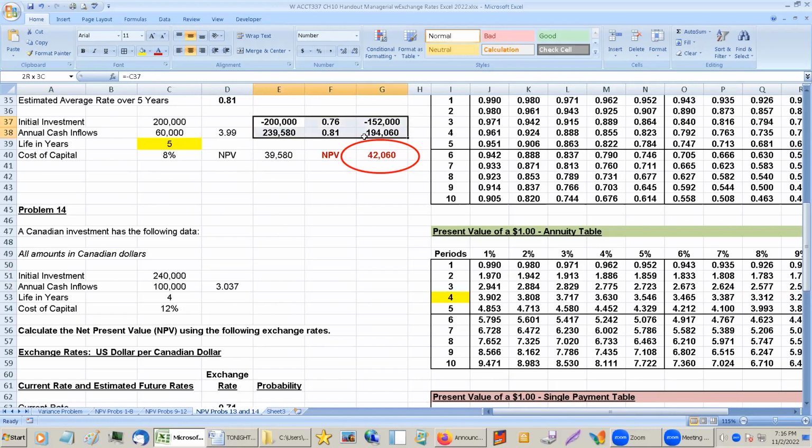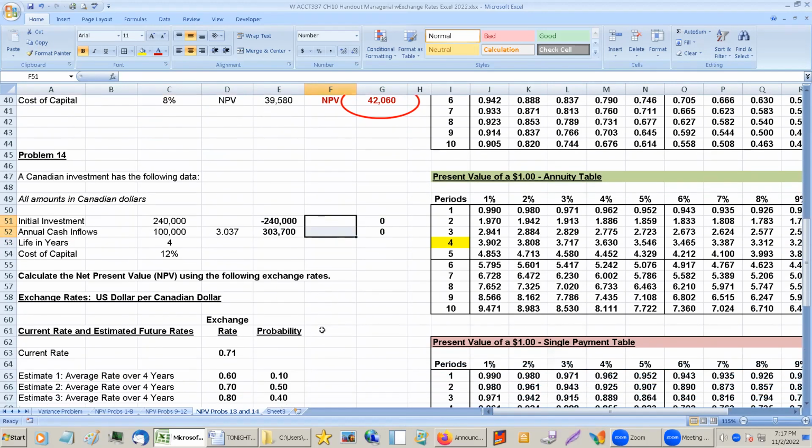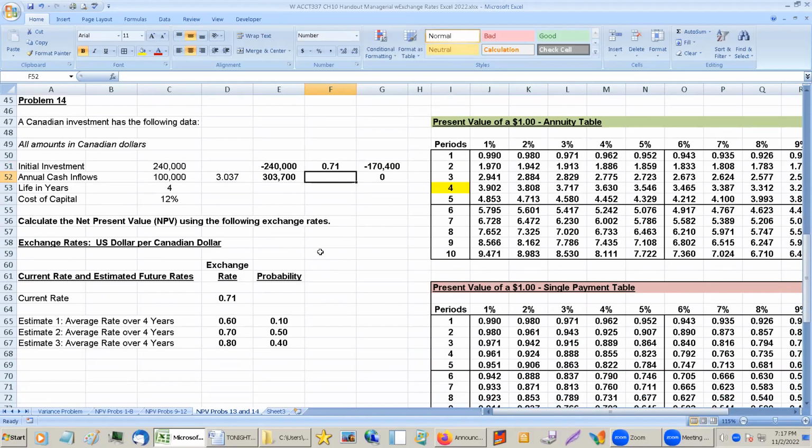And just like we did up here. Now, the exchange rates are 0.71.